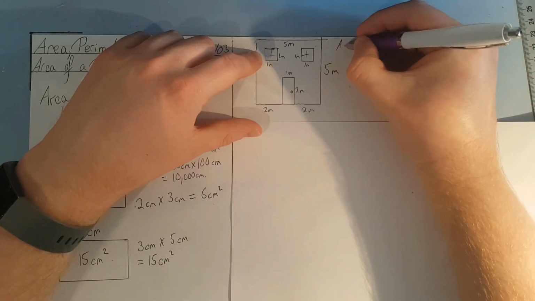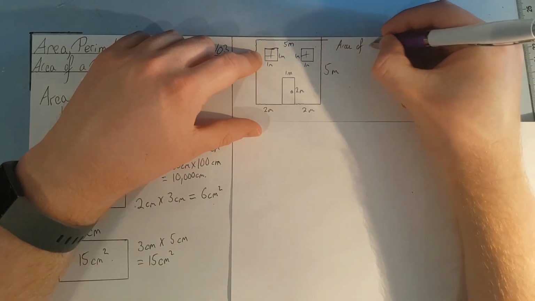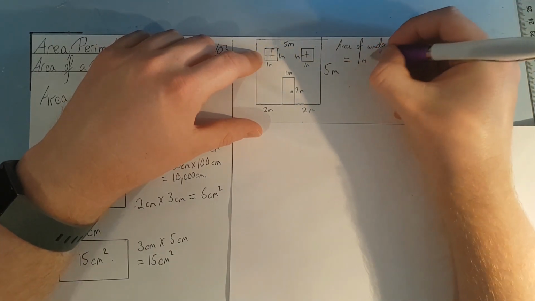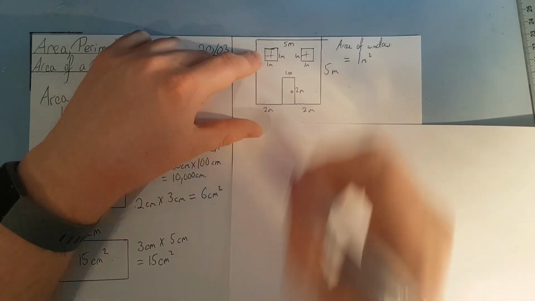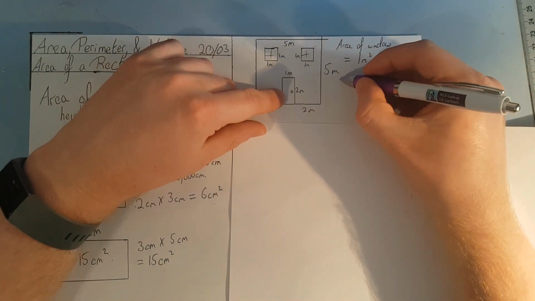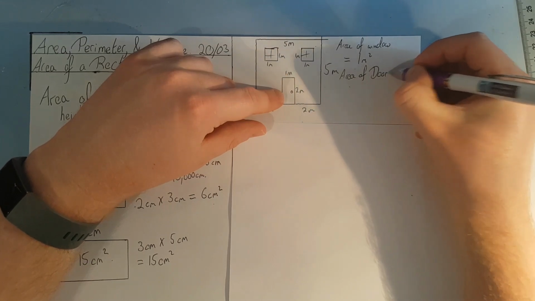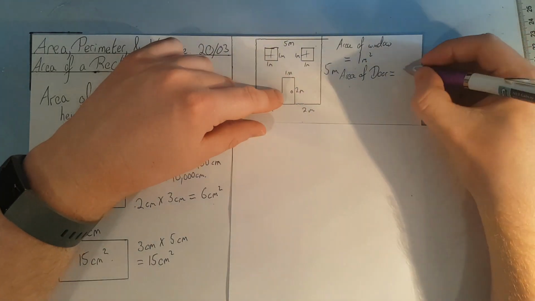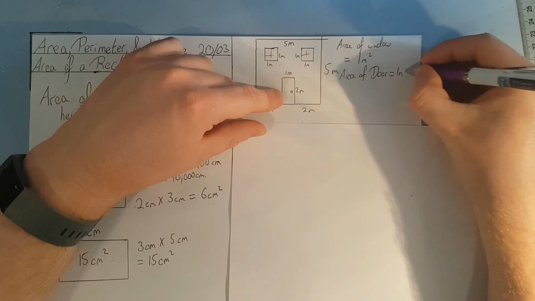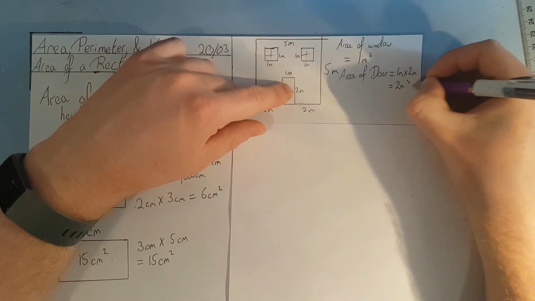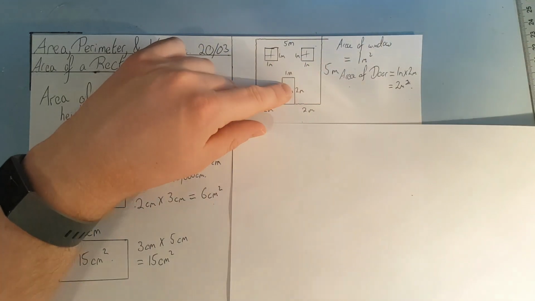So, area of window equals 1 meter squared, right? We can see that, 1 by 1. Area of door equals 1 meter by 2 meters equals 2 meters squared. Great.